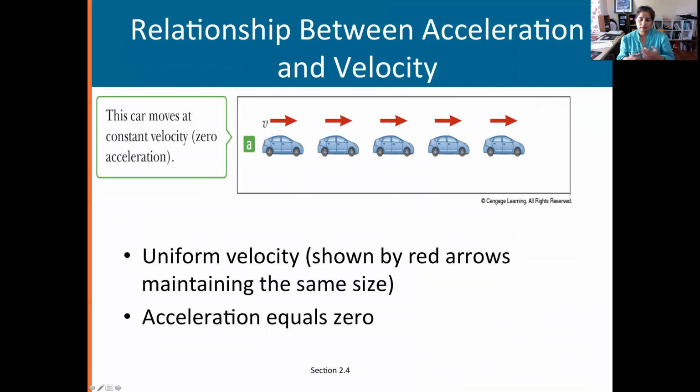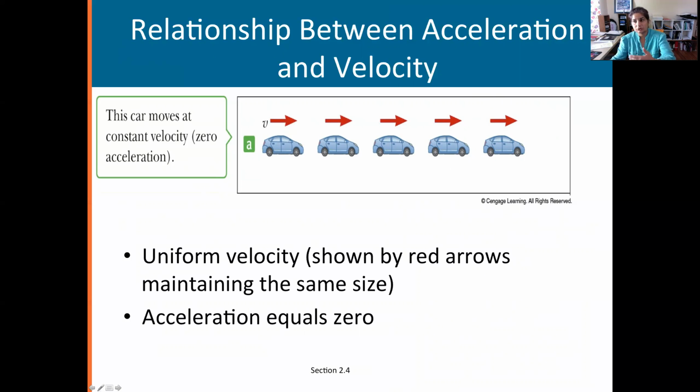So let's clarify this a little further with some examples. Here we have a car, and we see its velocity vector in red. When you look at a velocity vector drawn as an arrow, the length of the arrow tells you the magnitude, and the direction of the arrow shows you the direction. We see here that the velocity magnitude is constant with time. The object is moving to the right, so the velocity is positive, and it has a uniform magnitude.